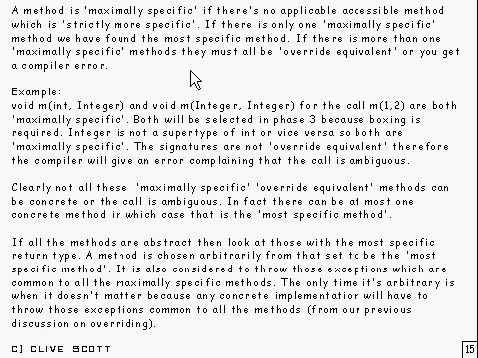If there's only one maximally specific method, then you've found the most specific method and you're finished. If there's more than one maximally specific method, there's a couple of requirements. They have to all be override equivalent, or you get a compiler error.